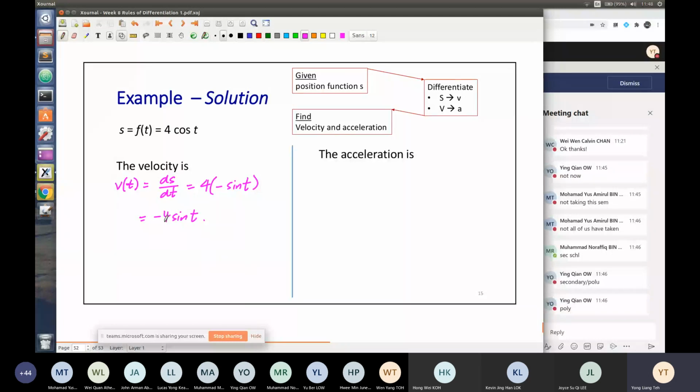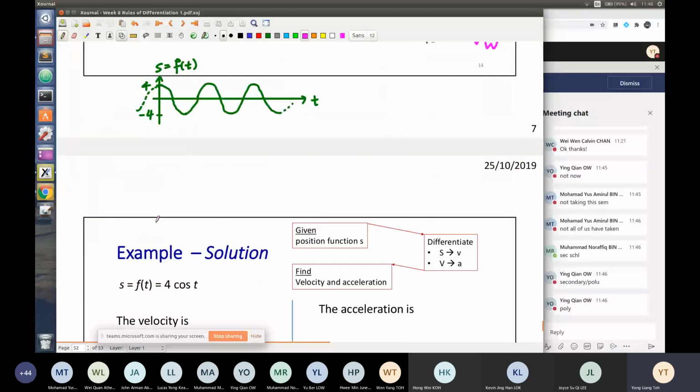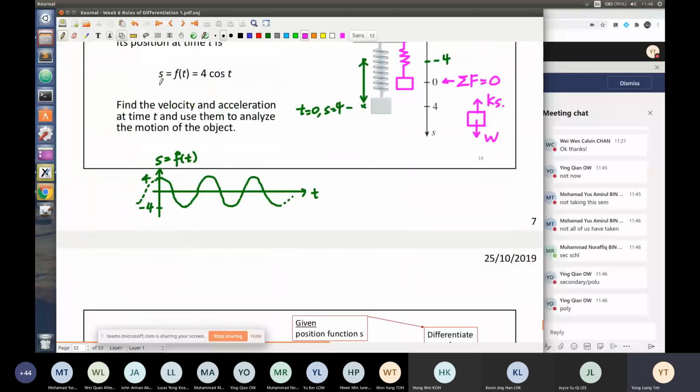The reason is because when you let go at t equals 0, the initial velocity of the mass is 0. At t equals 0, v equals 0, because v is minus 4 sine t, and sine 0 is 0. Correct? So therefore v is 0. So initial velocity is 0, because you let go.